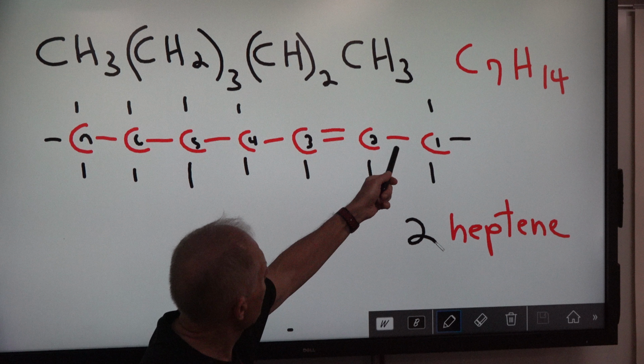You always have to find your longest carbon trunk, and it's 6, so it's hexane. We have 2 methyl groups. So obviously it's going to be dimethyl, but we have to find out what carbons they come off of. 2 and 4. So this is 2,4-dimethylhexane.